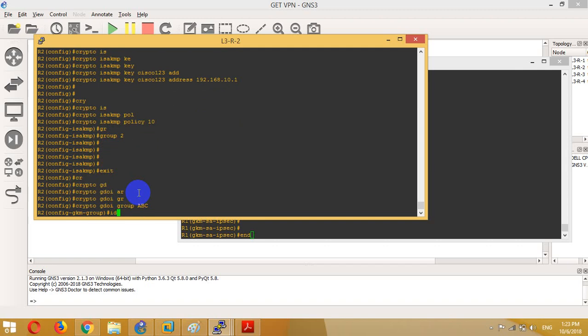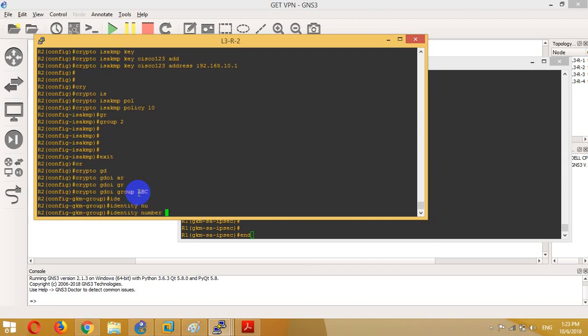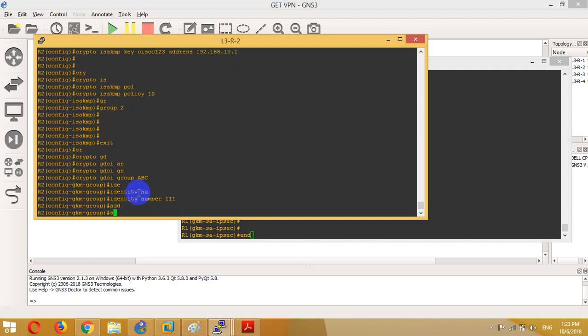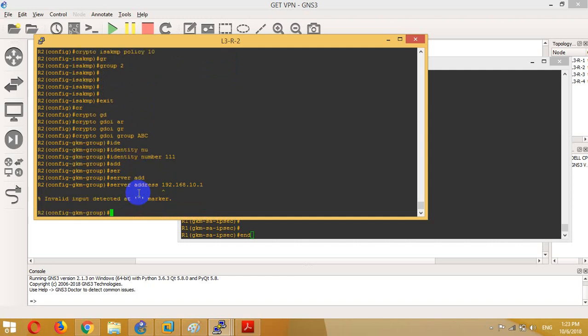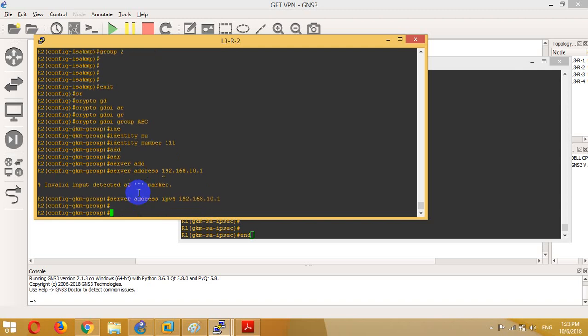Under it, the identity number, as you remember, must be the same, and the server address 192.168.10.1, which is the IP address of the key server, IPv4.